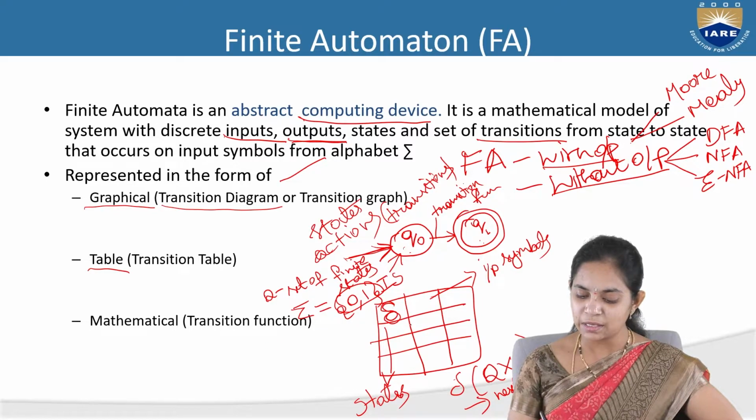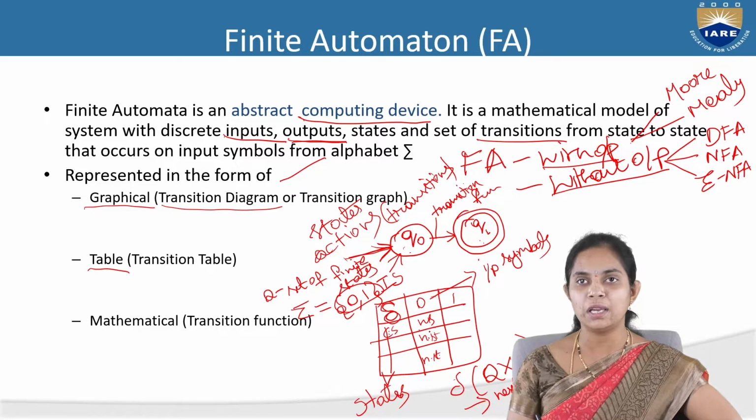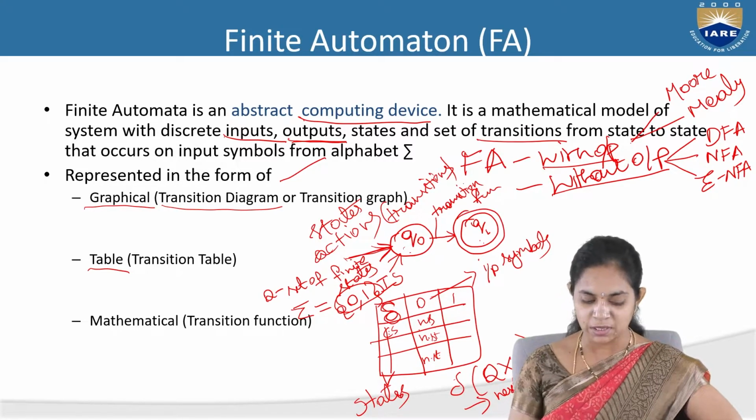And this is the next state. Every field is filled with the next state. For the current state, taking one input symbol leads to the next state. This is about the table representation.